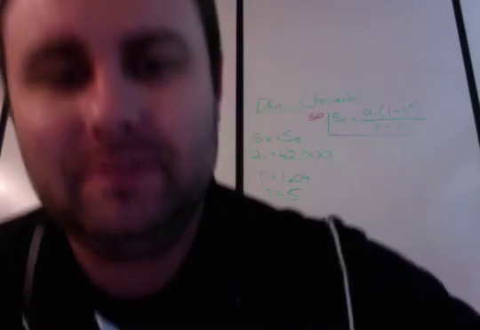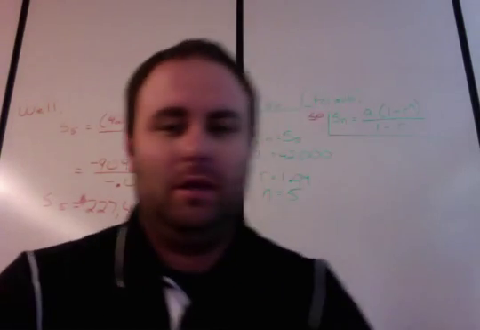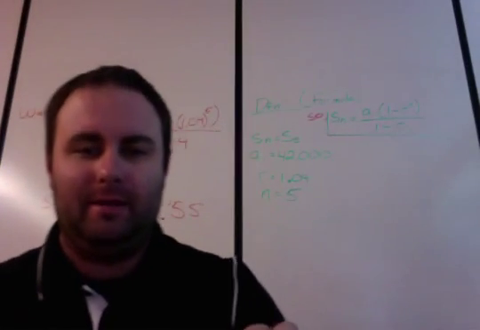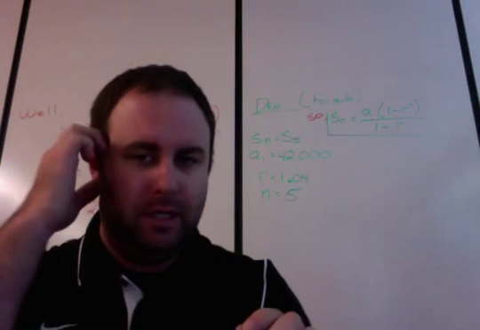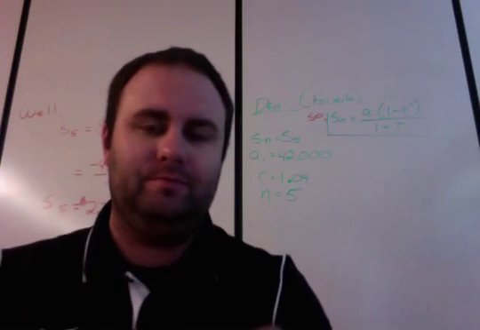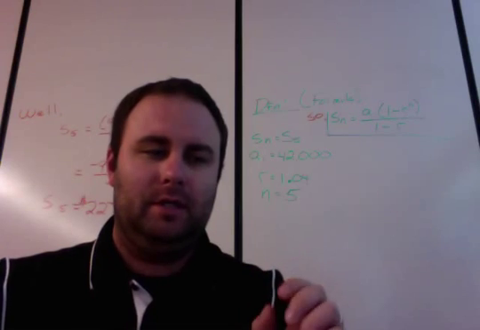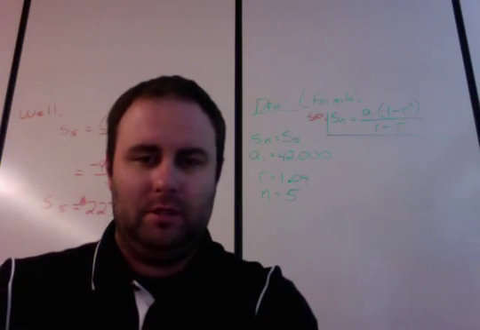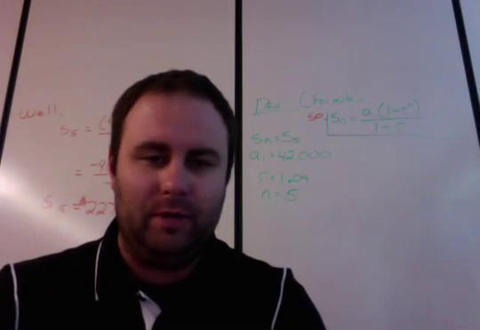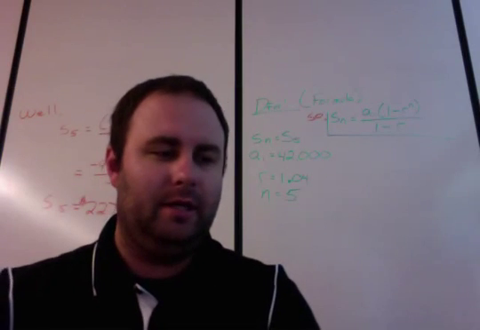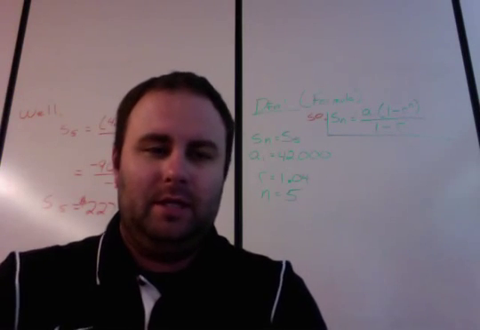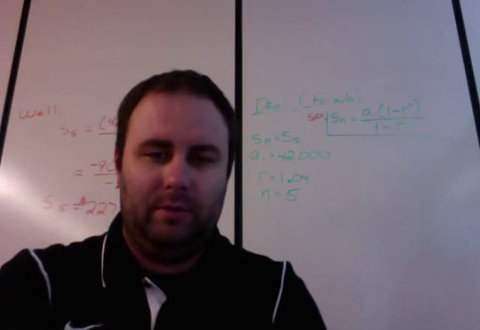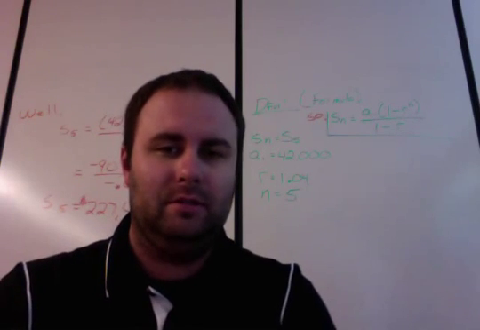But anyway, see if you can figure this out. Let's say that Bob started off with 42,000, and each year after that, he gets a 4% increase from his previous salary.